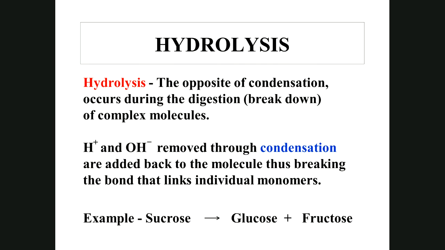And through a process called hydrolysis, you're breaking the bonds between the building blocks that built it. The hydrogen and hydroxyl, which were removed through condensation, are added back to the molecule, thus breaking the bond that links individual monomers. So you're going to add the water back in. That sucrose, which is a disaccharide, is going to be broken down by hydrolysis, adding the water back in, into glucose and fructose. So look on your next slide.